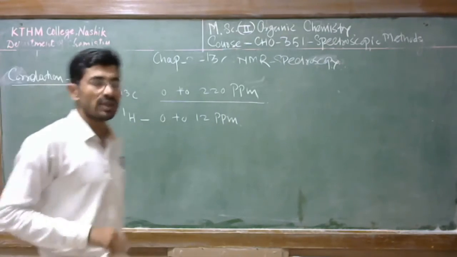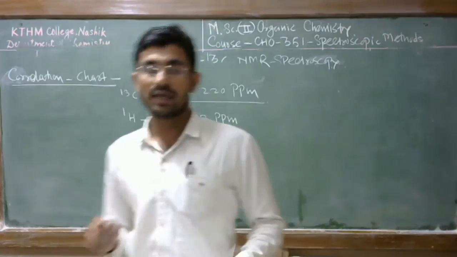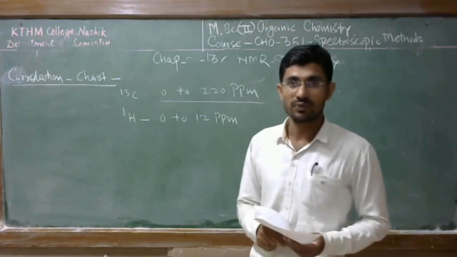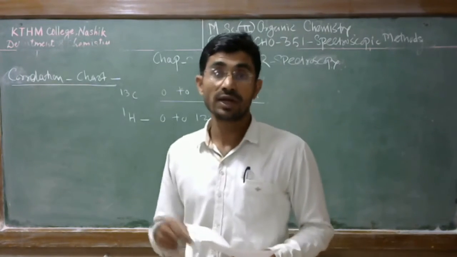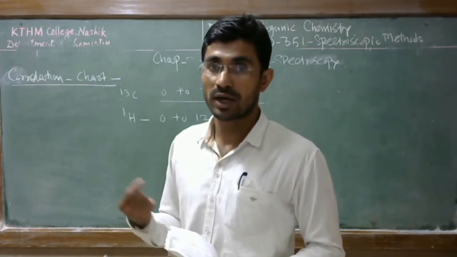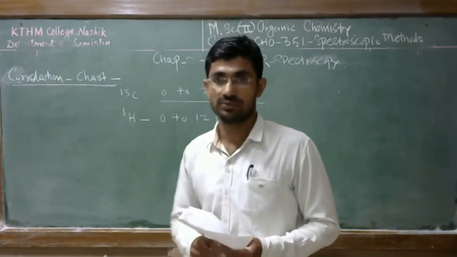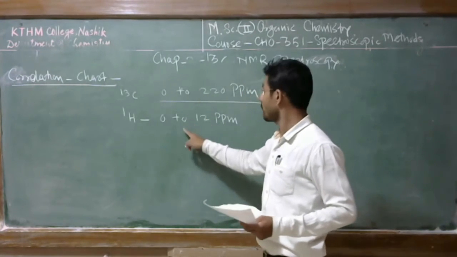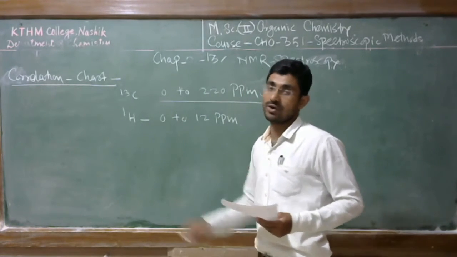So when you compare with proton NMR, the 13C chemical shift range is nearly 20 times larger than the proton chemical shift range.